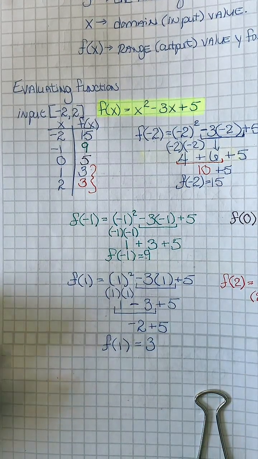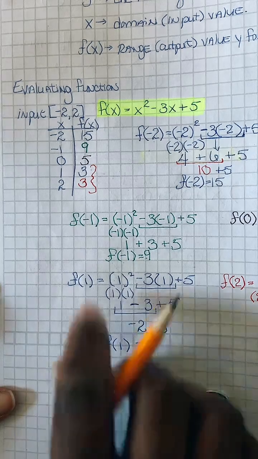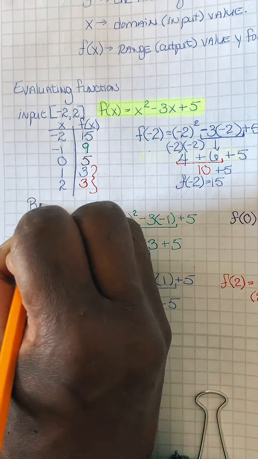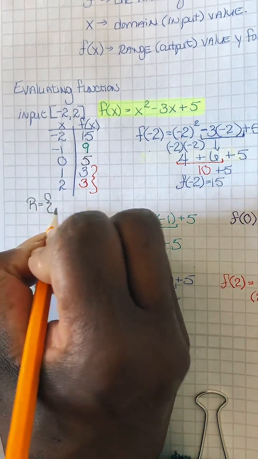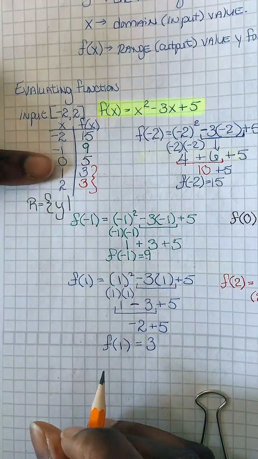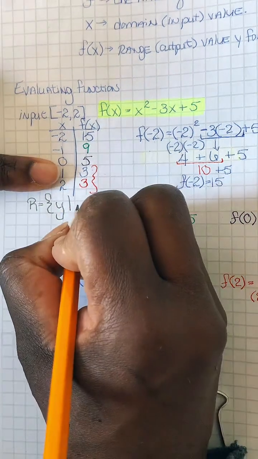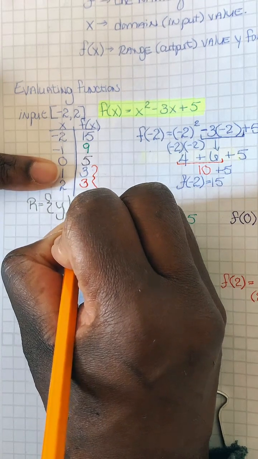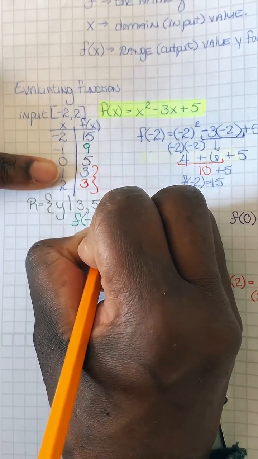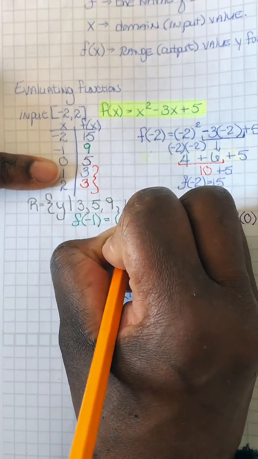So if I wanted to write out what the range was, we have our y such that, and we can start with the bottom numbers or put it in numerical order. So you have your 3, you have your 5, your 9, and your 15.